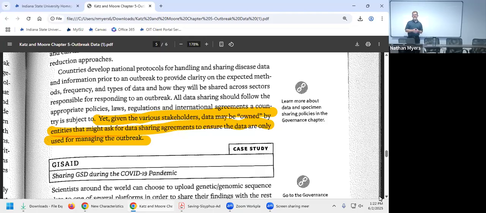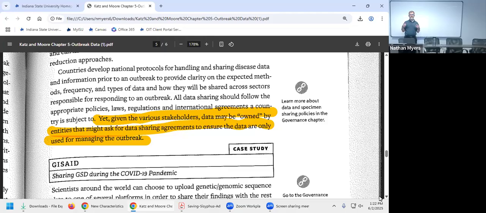So internationally, it's an issue, but it can also be an issue for the sharing of data between the public sector and the private sector, or vice versa, or between research institutions and the public or private sector.